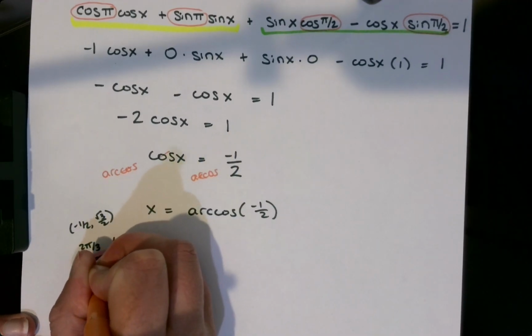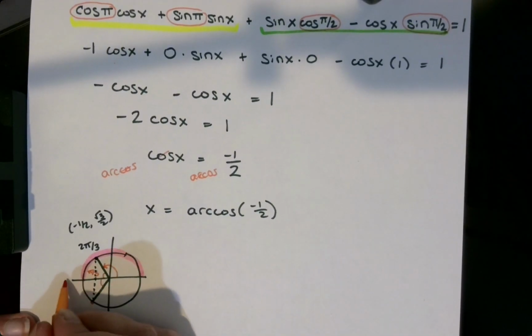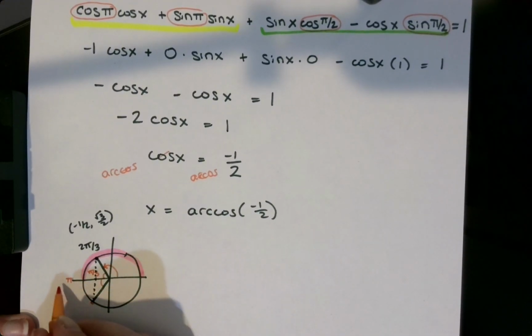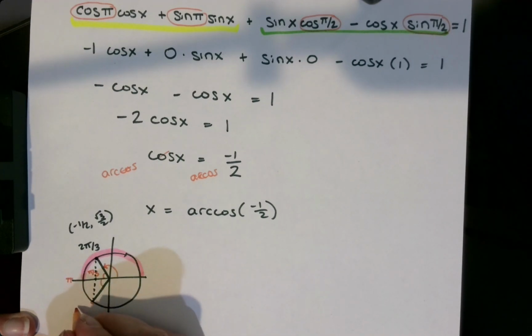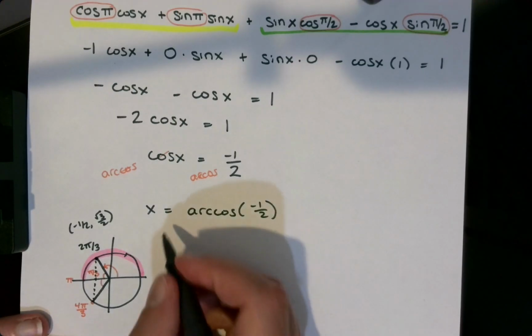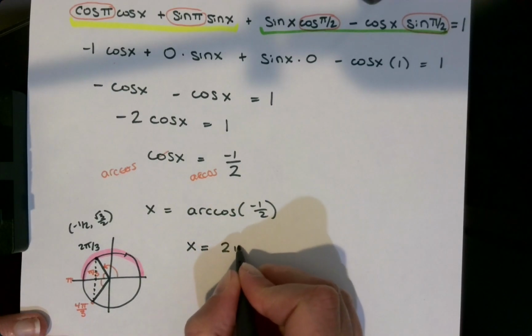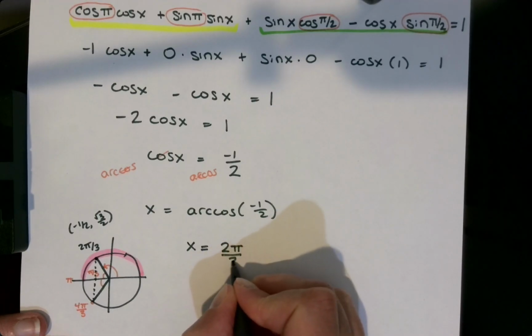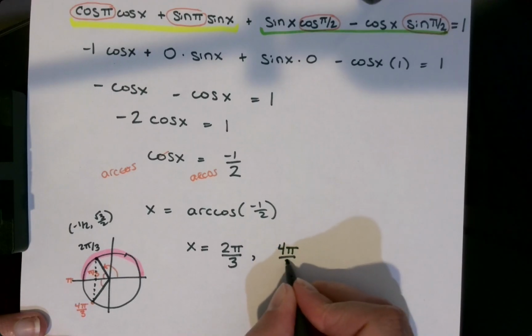That's the angle on the inside. And so this angle down here is pi over 3 more than pi. So 1 pi plus pi over 3 is going to be 4 pi over 3. You can also look this up on your unit circle. So my answers are x equals 2 pi over 3 and x equals 4 pi over 3.